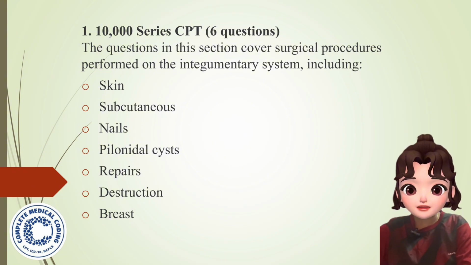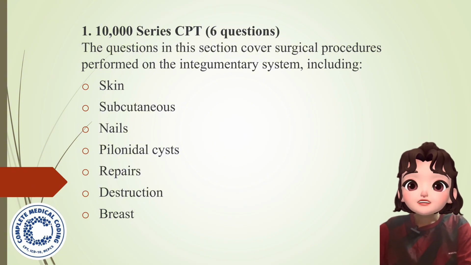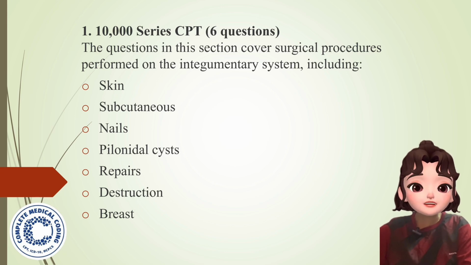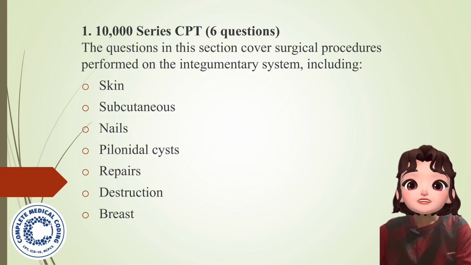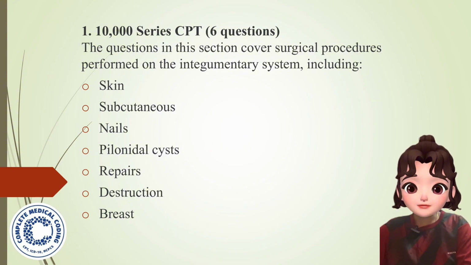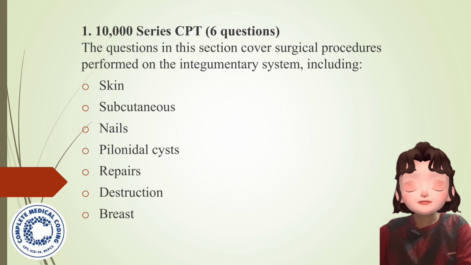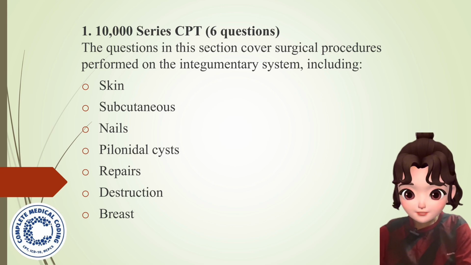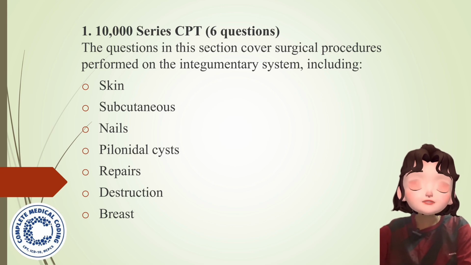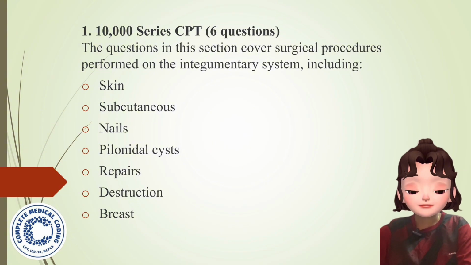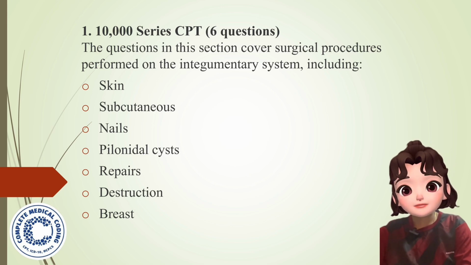The questions in this section cover surgical procedures performed on the integumentary system, including skin, subcutaneous tissue, nails, pilonidal cyst, repairs, destruction, and breast. Among these topics, you will be getting 6 questions.